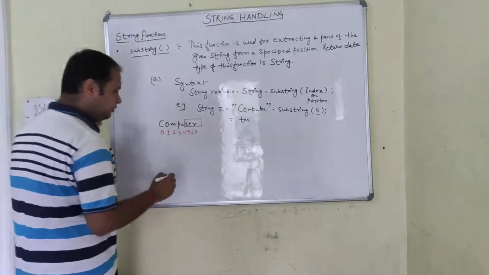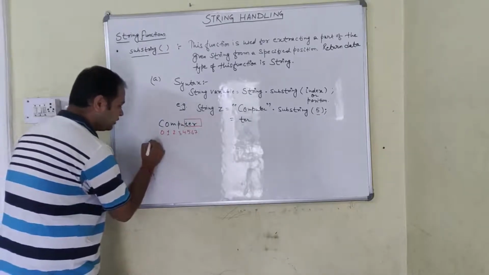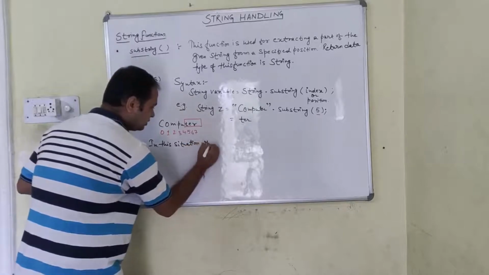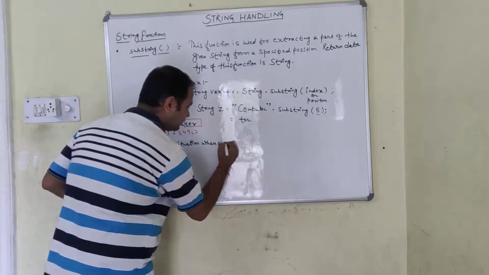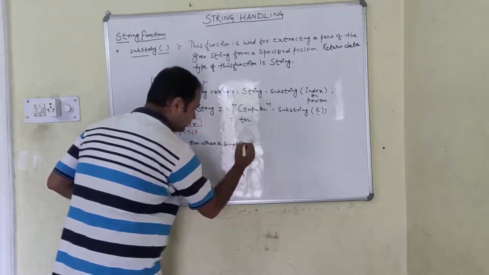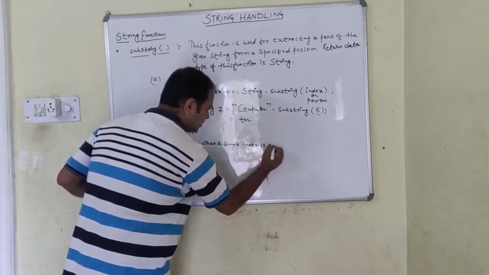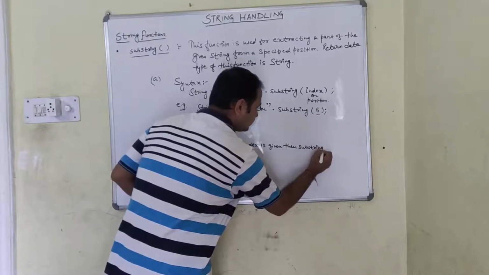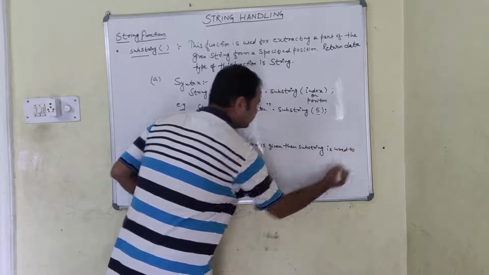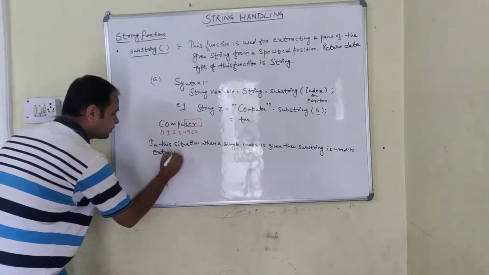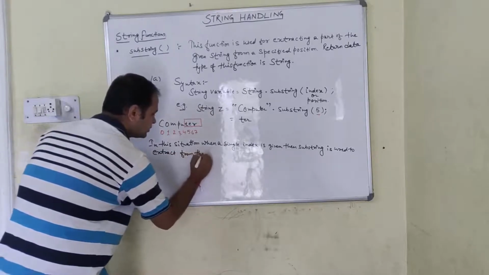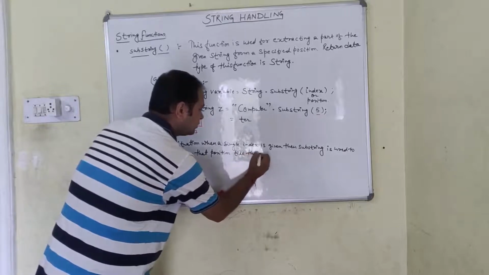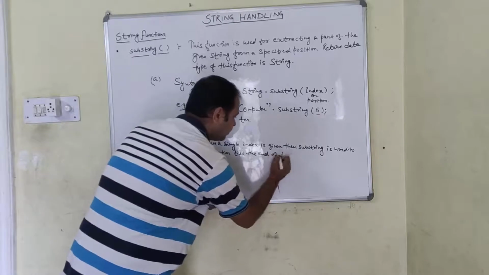Okay, so I'm writing that note for you. In this situation, when a single index is given, then substring is used to extract from that position till the end of the string.